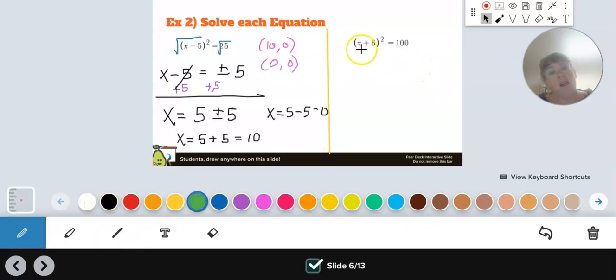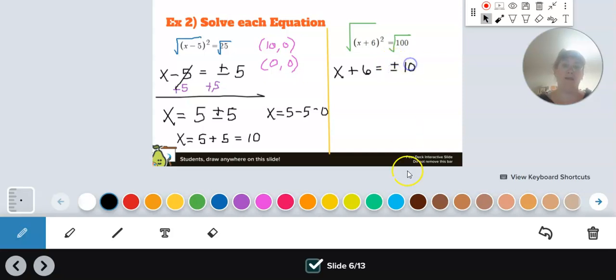Let's look at the one on the right. x plus 6 all squared equals 100. So first thing, to get rid of that squaring, take the square root of both sides. That made my square root really tall. And then we have x plus 6 equals, the square root of 100 is plus or minus 10. Then we'll just subtract 6 on both sides.